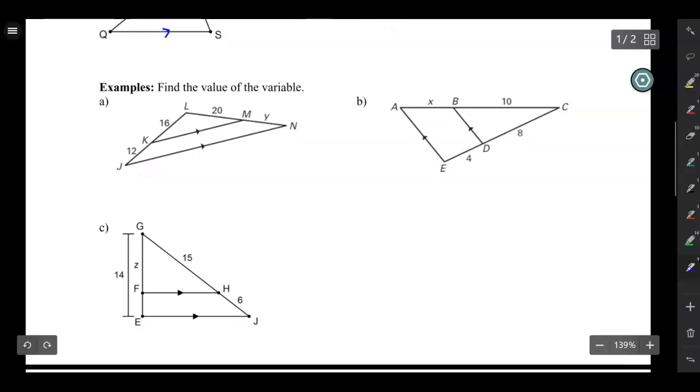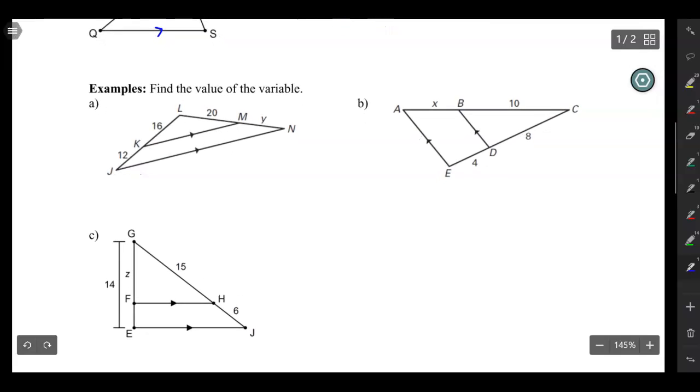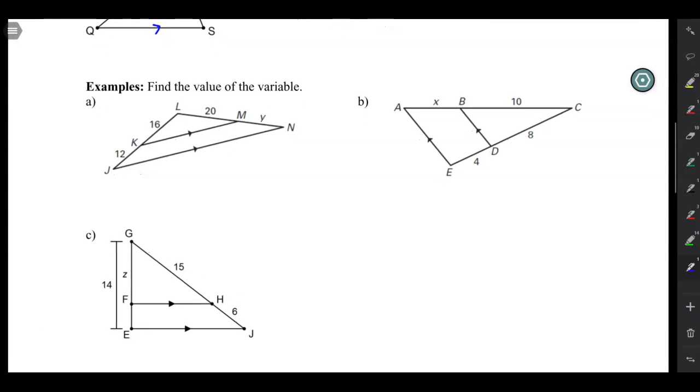So let's use these theorems to find the value of our missing variables. In A, we have two lines that are parallel to each other down here, which based on our triangle proportionality theorem tells us that the two chunks on each side are proportional to each other. Let's write out the proportionality statements.